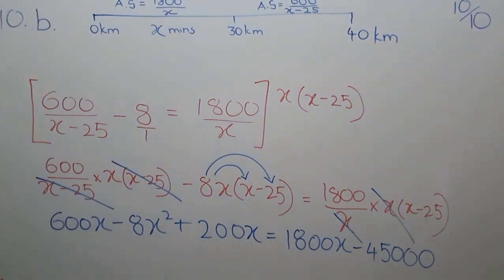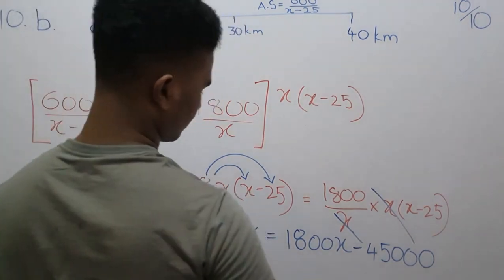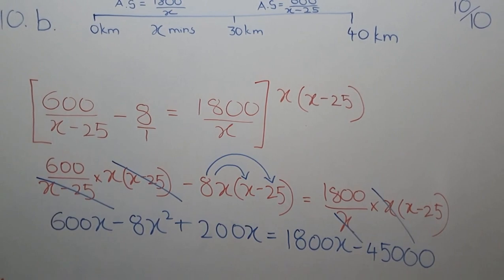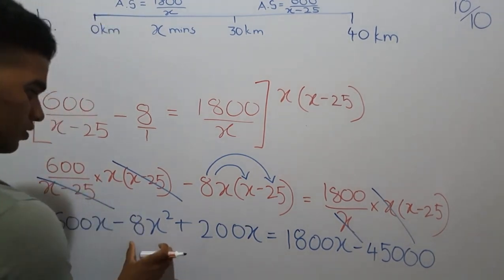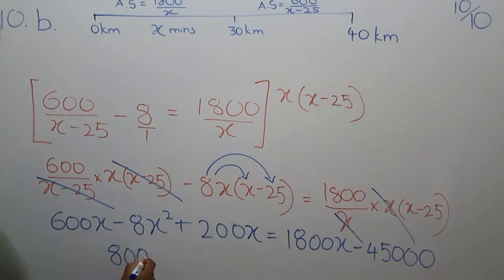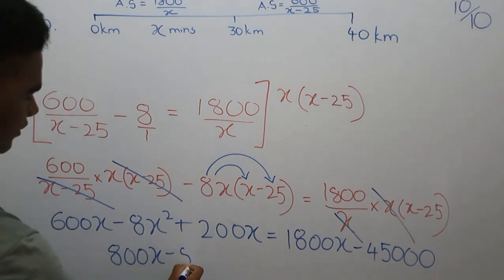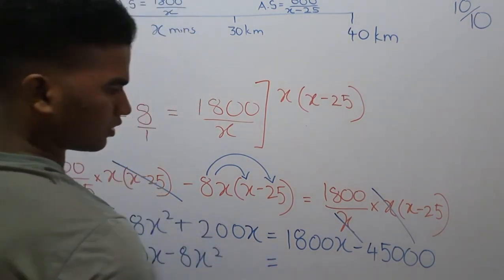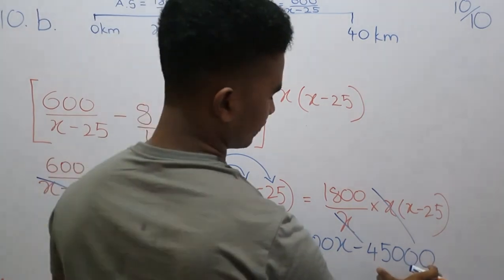So you can take all these terms to this side. 200x and 600x will become 800x. First we simplify: 800x minus 8x square equals 1800x minus 45,000.